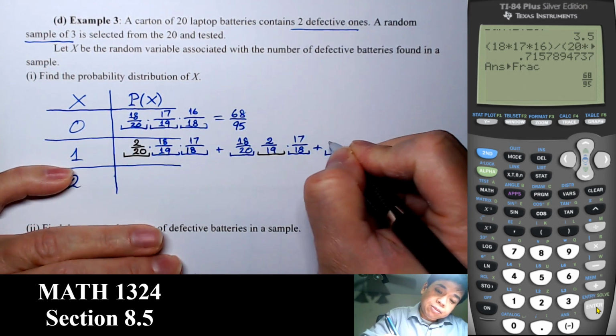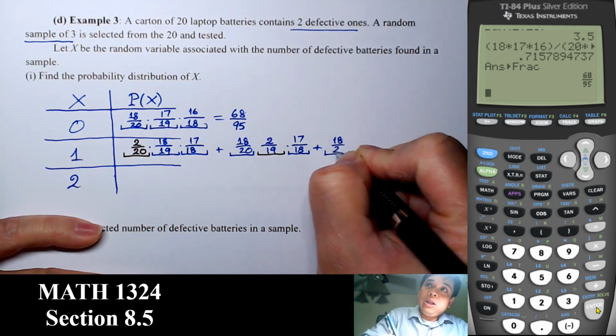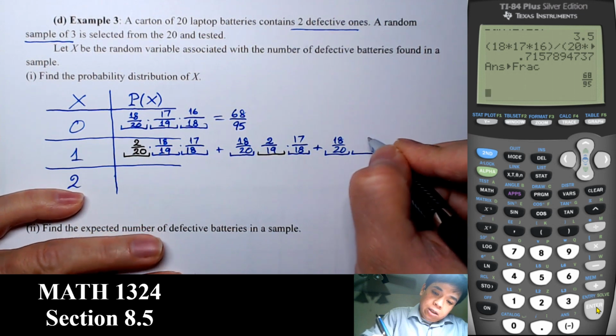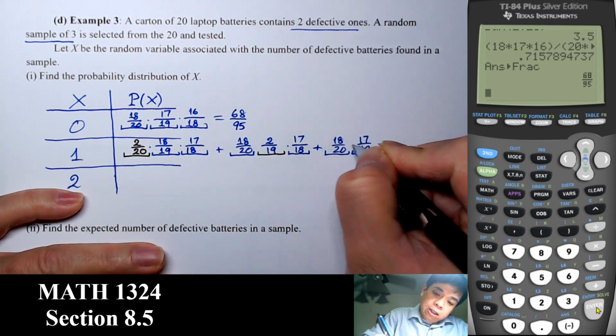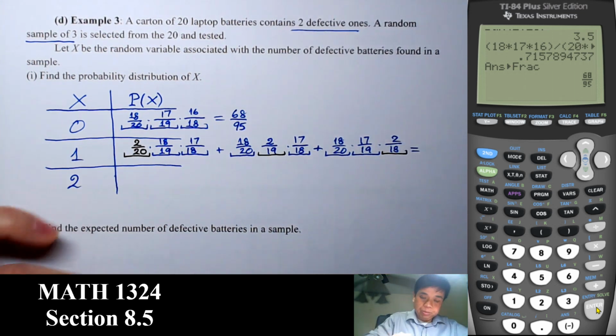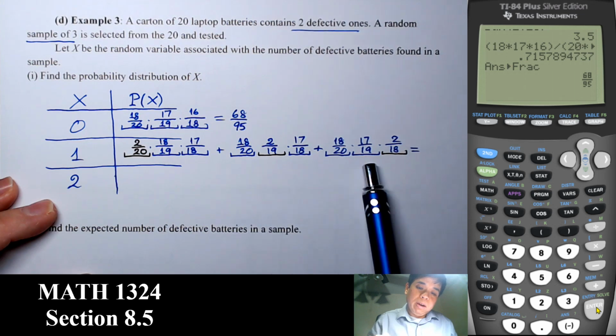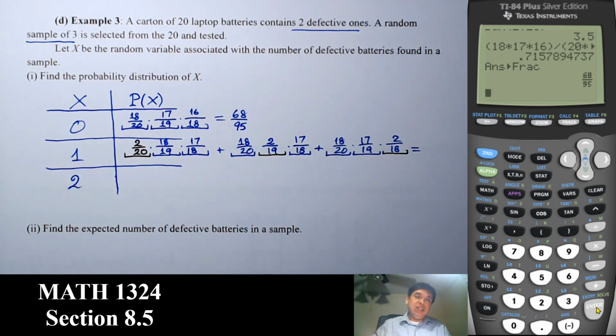Right. Next, 18 of them that are good out of 20. 17 of them are good out of 19. And of those 18 left, 2 are defective. And you see all 3 of them are the same. 20, 19, 18 at the bottom, and 2, 18, 17 on the top.